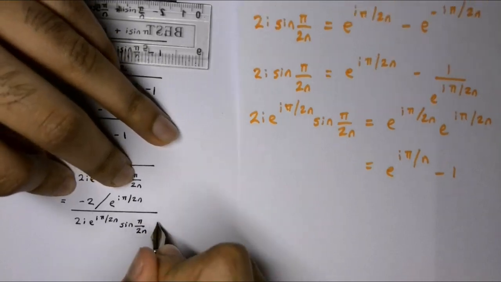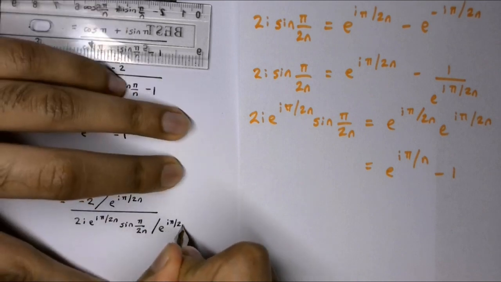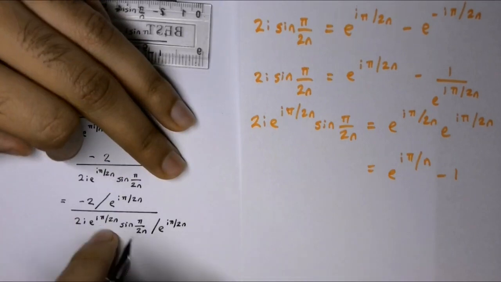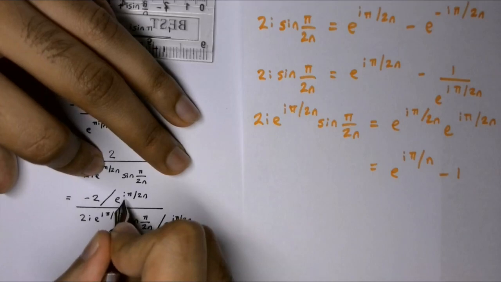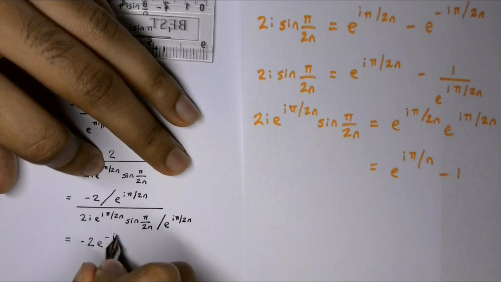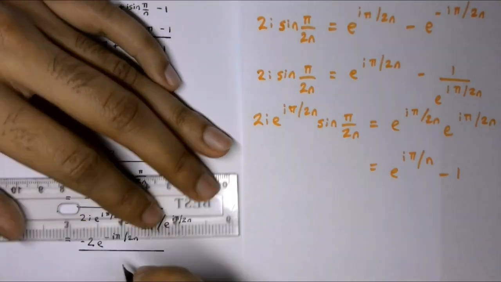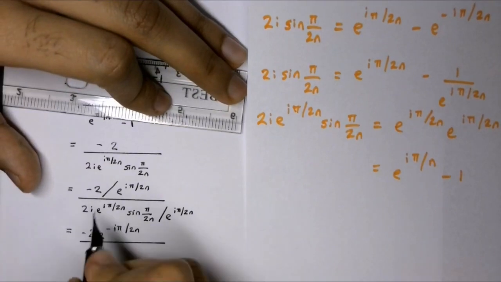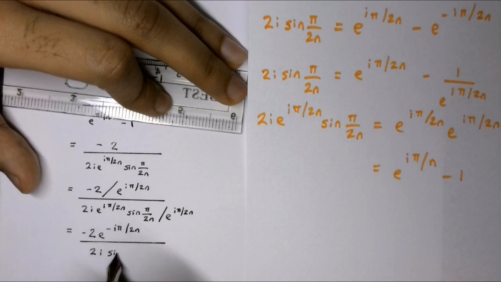And obviously we're going to divide this entire result by e to the i pi over 2n. So this term and this term will cancel out. And rewriting this on the top, we have minus 2 e to the minus i pi over 2n. That's what we have on the top. And on the bottom, because the e to the i pi over 2n cancels, we just have 2i sine of pi over 2n.